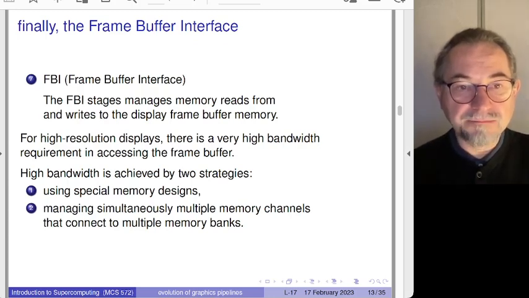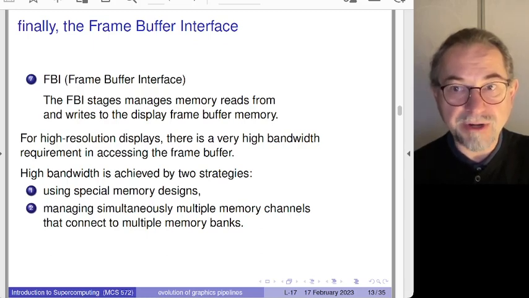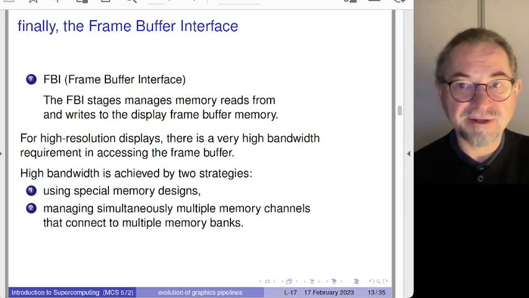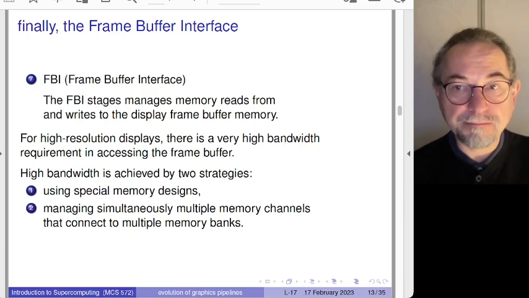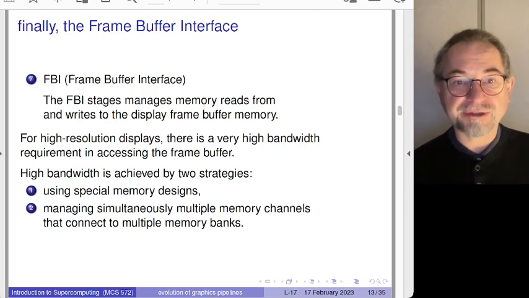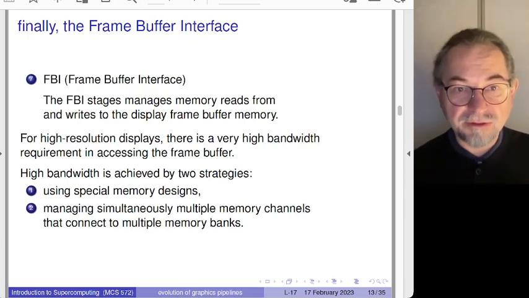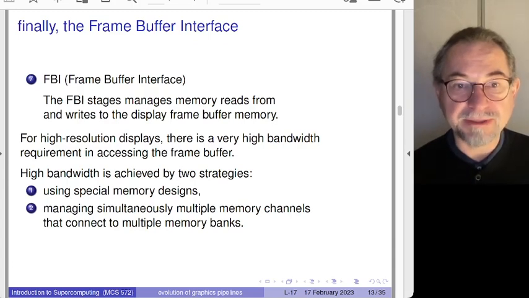So, high bandwidth was one of the prime virtues and main advantages of using GPUs. So, how does one achieve high bandwidth? Well, by very special memory, and also by processing simultaneously. So every portion of the picture can actually be processed independently.